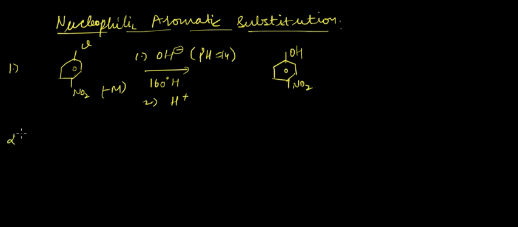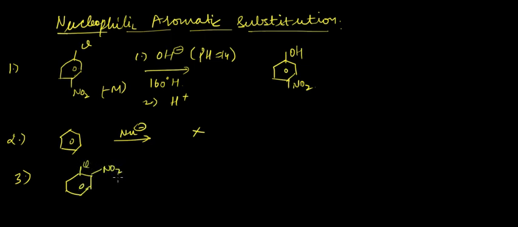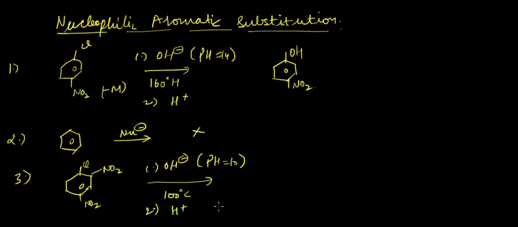Okay, if we have a simple benzene ring and we add some nucleophile to it, we see no reaction happening. Okay, if we see something like this, NO2 here and NO2 here, so first we give it a basic medium whose pH is 10, and then obviously we have 100 degrees Celsius, and then obviously we have H plus or acidic medium introduced into the reaction mixture.